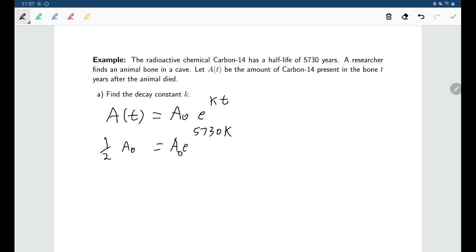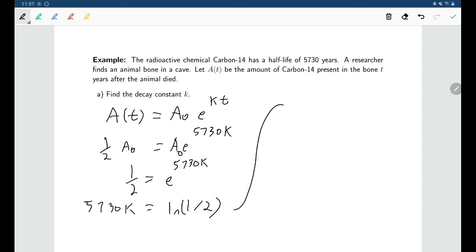And if I divide both sides of the equation by the original amount, whatever it is, I don't have to know what it is, I can solve and find that e to the 5,730k should be equal to a half. And that allows me to come up with my decay constant. Rewriting this as a logarithm, natural log of a half equals 5,730k, and then dividing by 5,730 to find that my decay constant is natural log of a half over 5,730.